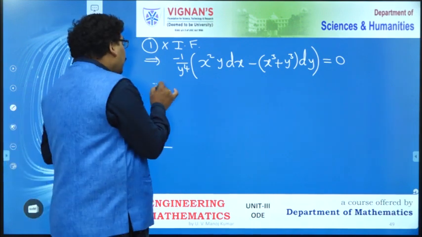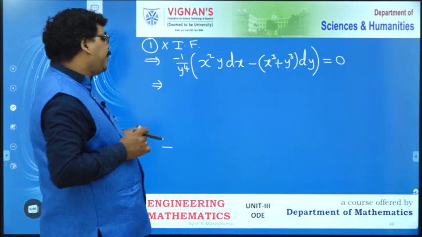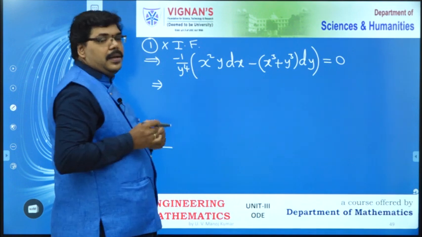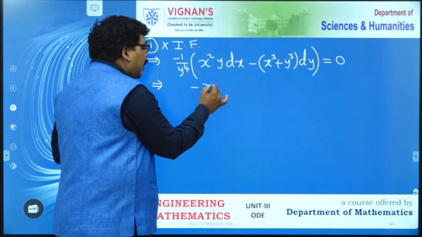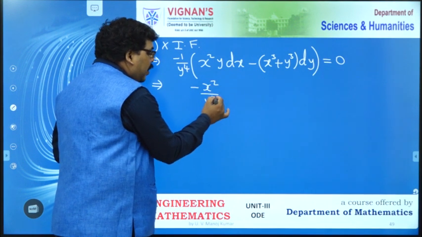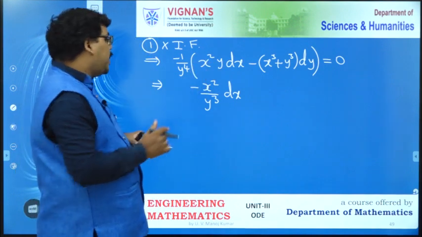Simplify it. If you simplify, what will be the coefficient of dx? x square y into minus 1 by y power 4 is minus x square by y cube, into dx. Minus into minus becomes plus.